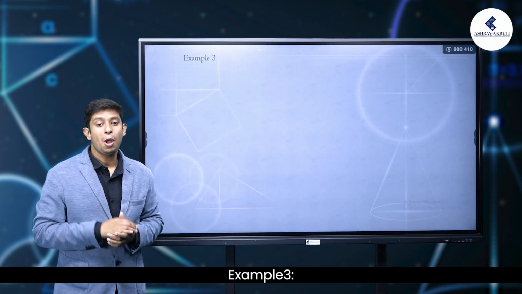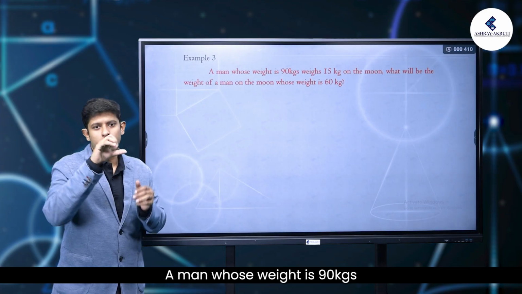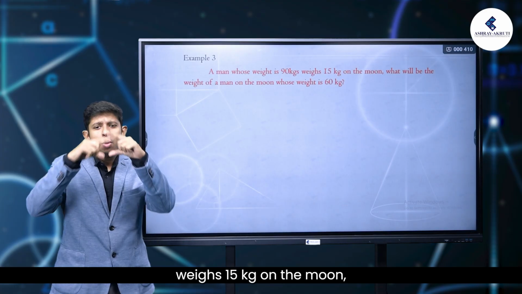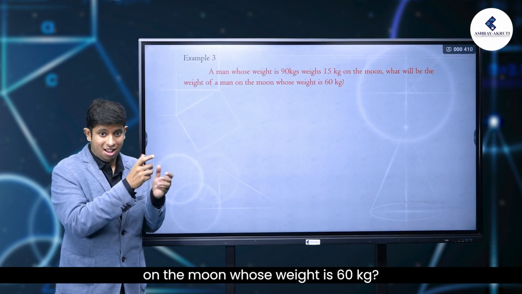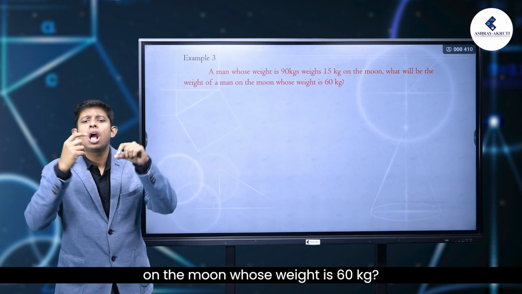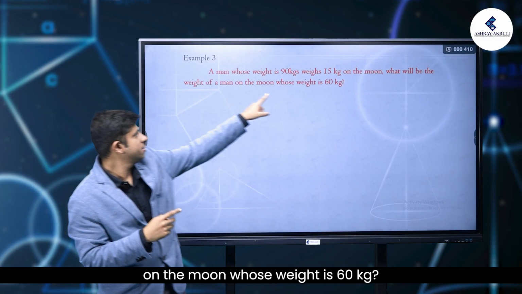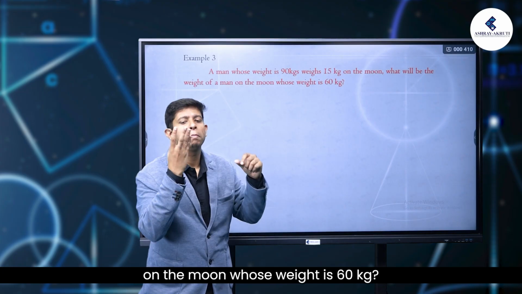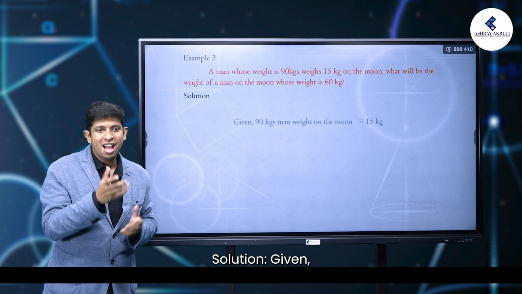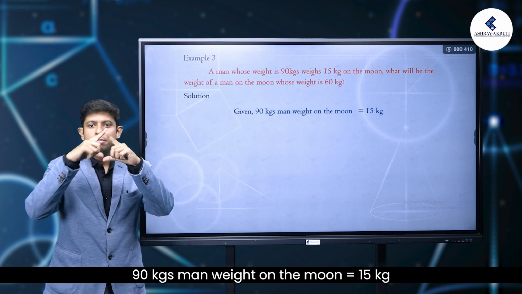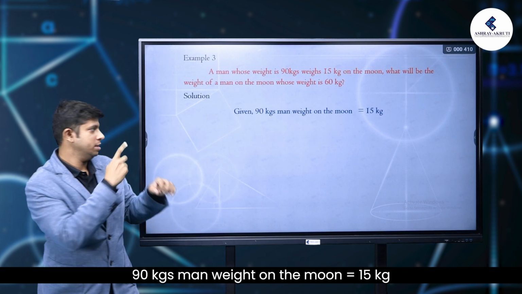Example 3. A man whose weight is 90 kg weighs 15 kg on the moon. What will be the weight of a man on the moon whose weight is 60 kg? Solution. Given, a 90 kg man's weight on the moon is equal to 15 kg.